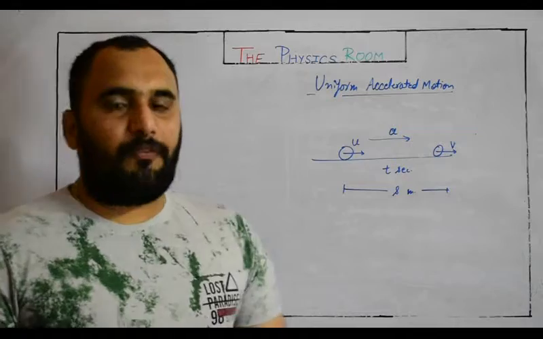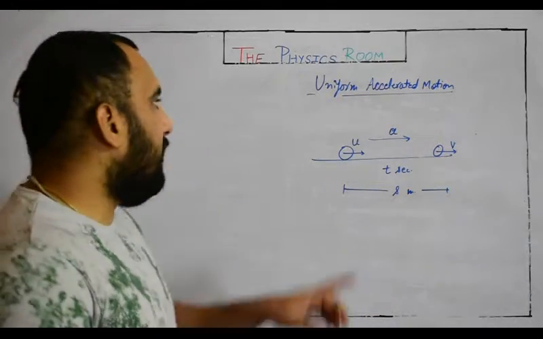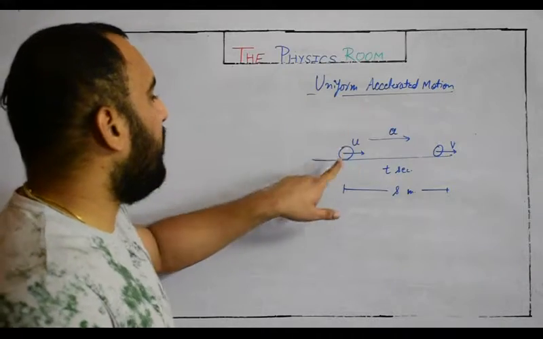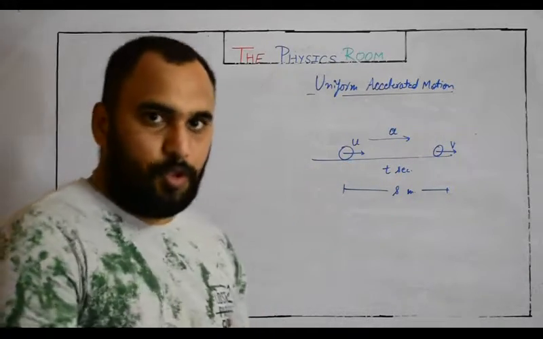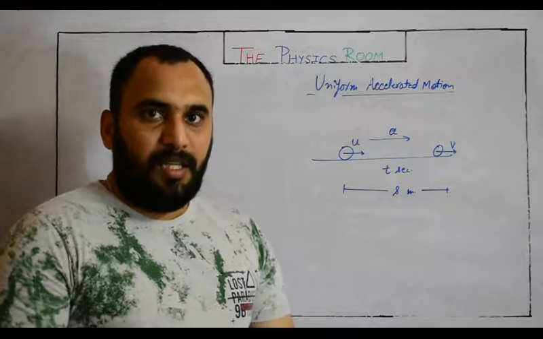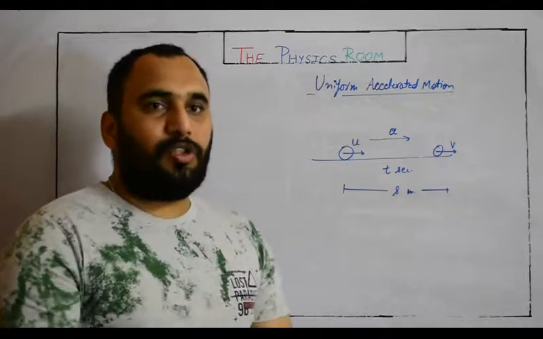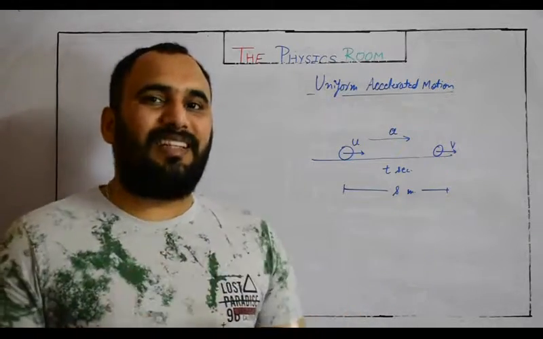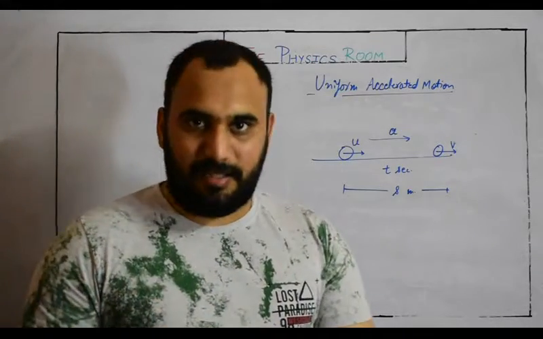Now let's talk about the graphical method, but we will keep the example the same as the previous. Means uniform accelerated motion, the body's initial velocity is u, it is non-zero. The body is assumed to be already in motion. Why? Because we want to create a universal formula. If we take a strict case of rest to motion, that formula will work only for those questions in which the body is initially at rest.